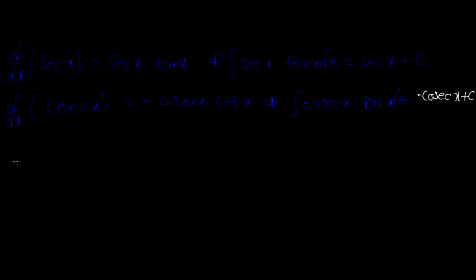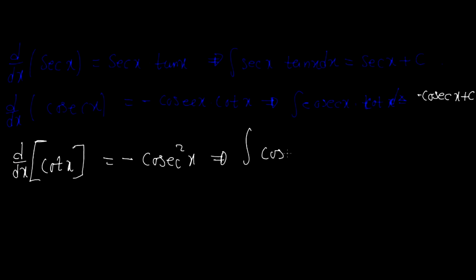The last one is, since the derivative of cot of x is equal to minus cosec squared x, then the integral of cosec squared x dx is equal to minus cot of x plus c.